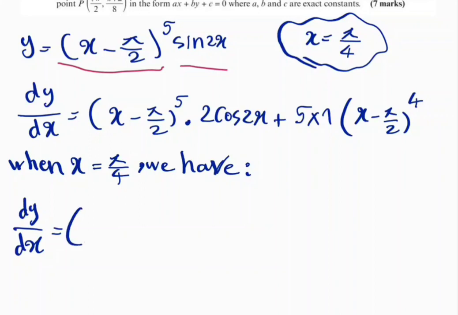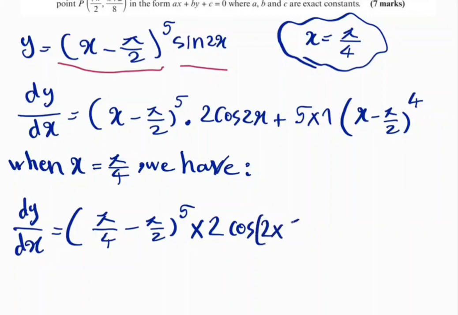So we write (pi by 4 minus pi by 2) to the power of 5 times 2 cos 2 times pi by 4, plus 5 times (pi by 4 minus pi by 2) to the power of 4.